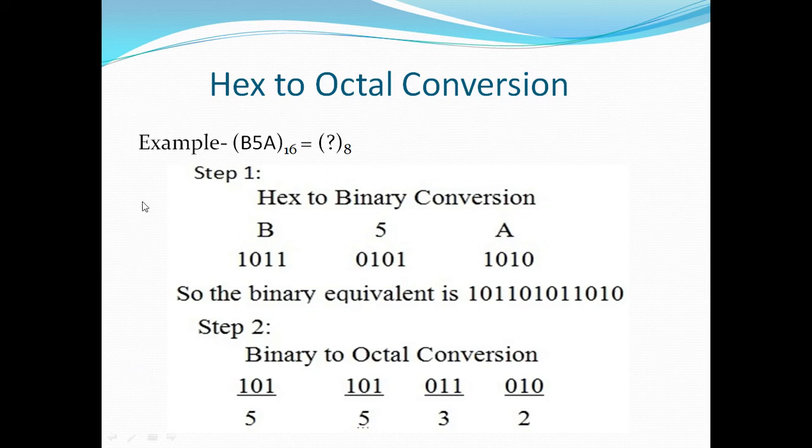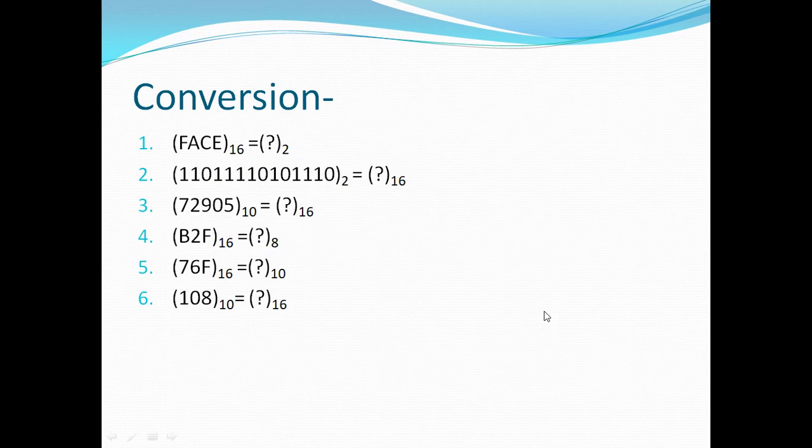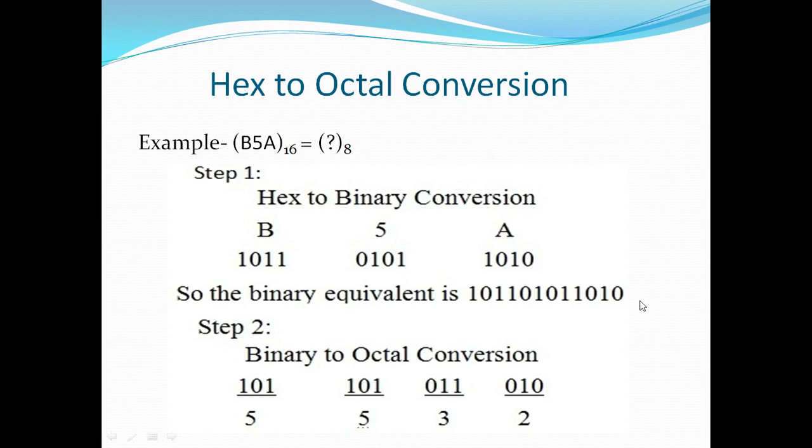Now see, we have got the binary equivalent of this number. The final answer is this. Now we'll convert this binary into octal. In hexadecimal we were making groups of 4, but when we have to do octal, we make groups of 3. So now this is the binary equivalent and we'll make groups of 3 from the LSD.